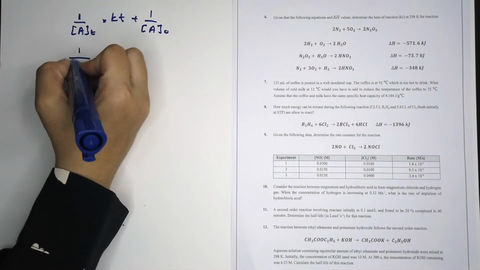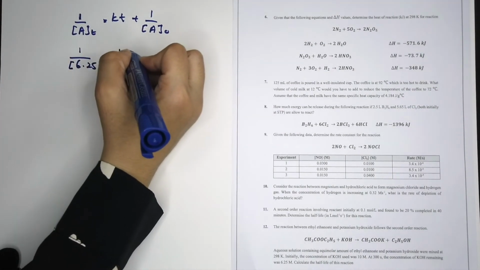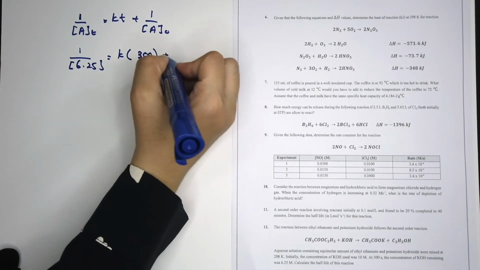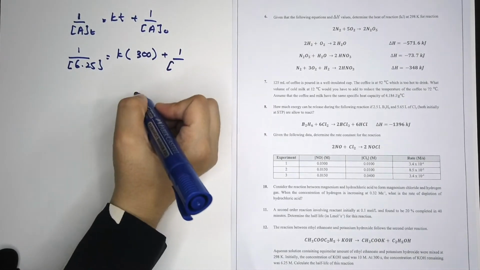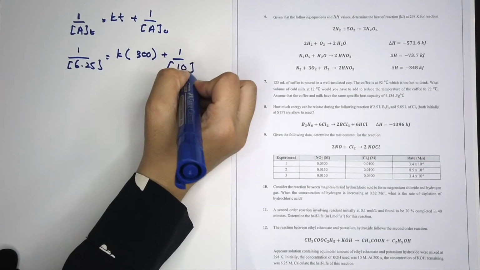A_t is 6.25, k is the thing that you want to calculate, t is already in seconds, and the initial concentration A naught is 10.